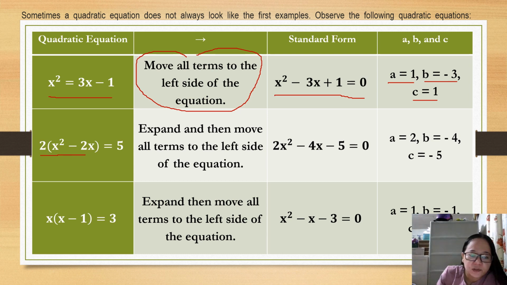Another example of a quadratic equation not written in standard form, we have 2 times quantity x squared minus 2x is equal to 5. How do we rewrite this in standard form? It says here, expand and then move all terms to the left side of the equation. If we expand, we get 2x squared minus 4x is equal to 5.